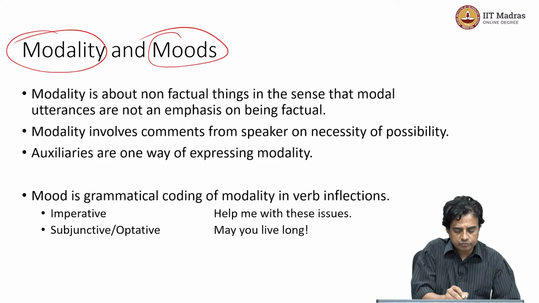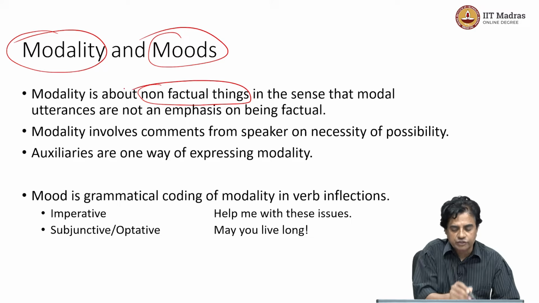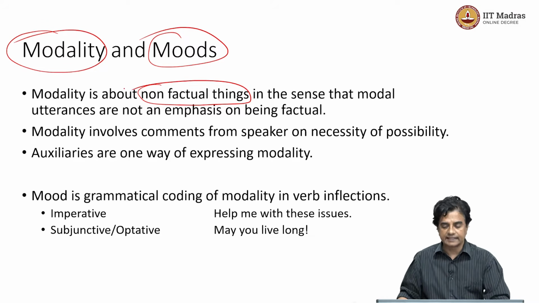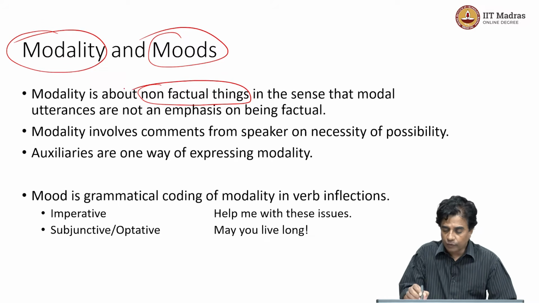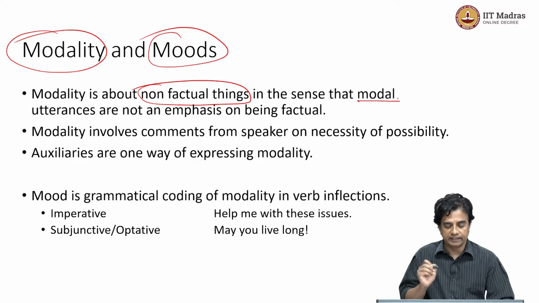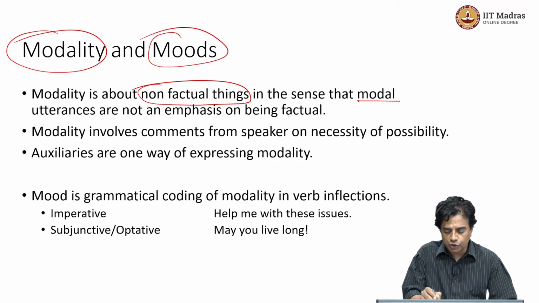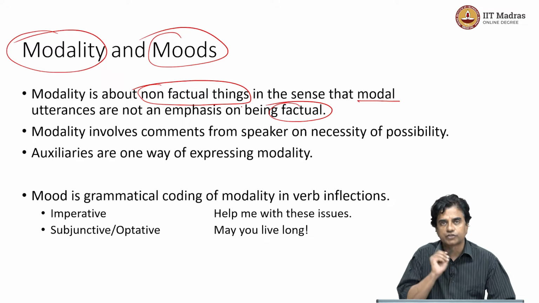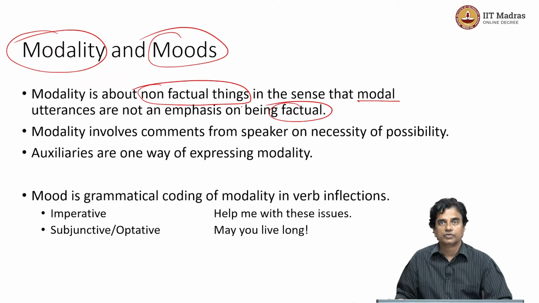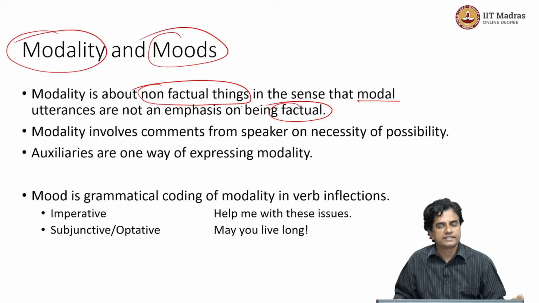It's about non-factual things, in the sense that when we say modal auxiliary, we are not talking about its being factual. So when we say, can I tell you something? This is a sentence which is used here. Modal auxiliary can is used for seeking permission, and that's all is the purpose.